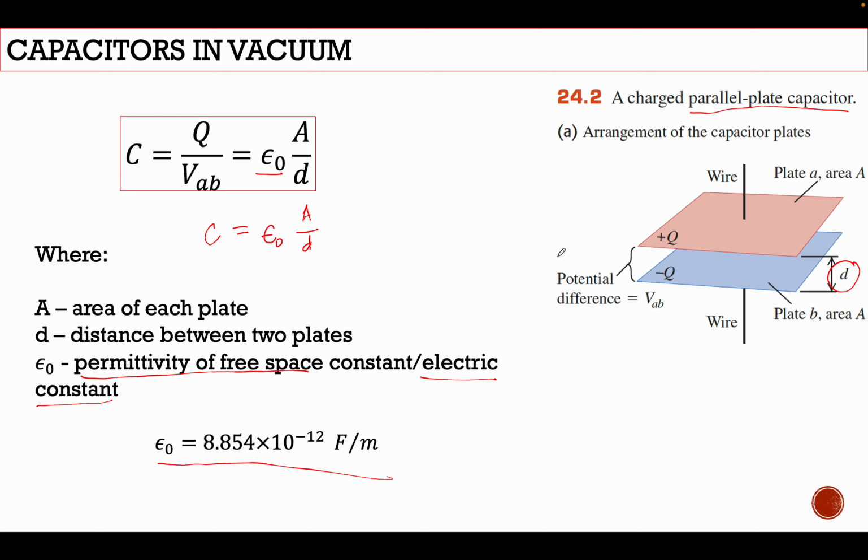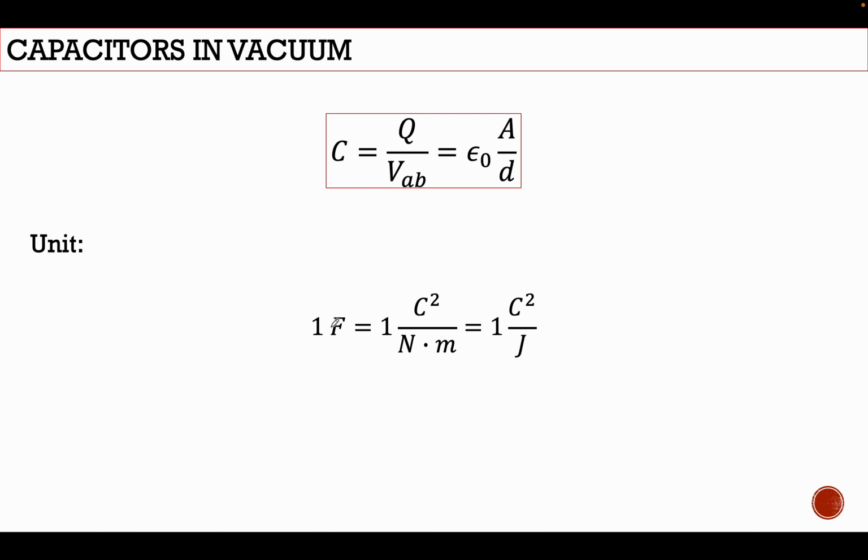Again, the unit for capacitance is still farad, but in capacitors in vacuum this is the unit expressed differently. Still, it is equal to farad. So 1 farad is equivalent to 1 coulomb squared per joule, since a joule is in terms of Newton times meter. This is the equivalent of the unit farad in terms of coulomb and joules.